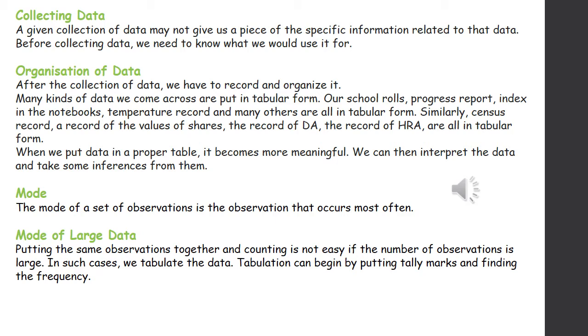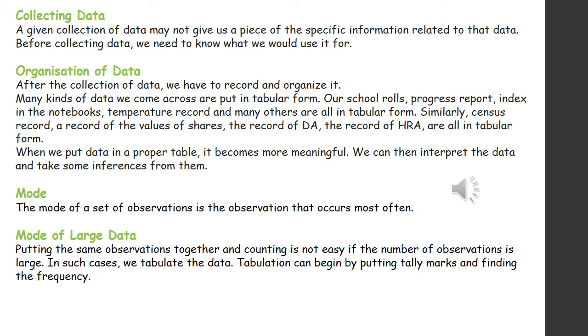Organization of data. After we collect a data, we have to record it and we have to organize it in tabular form. Many kinds of data we come across are put in tabular form. Common examples are school roll numbers, marks of an examination in progress report, index in notebooks, temperature record, all are put in tabular form.